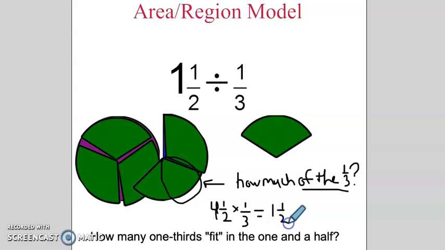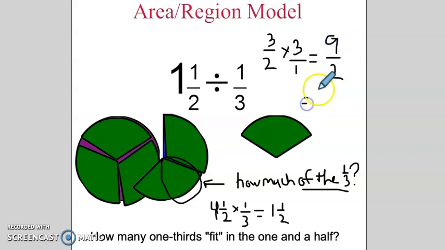And now you can also check this. Do the flip and multiply. 1.5 we can rewrite as 3/2. We're going to multiply that by, flip the 1/3, multiply that by 3/1, or 3. And what's that? Multiply across, 9/2, and 9/2 is the same as 4.5.